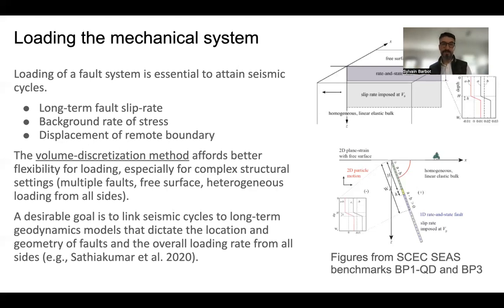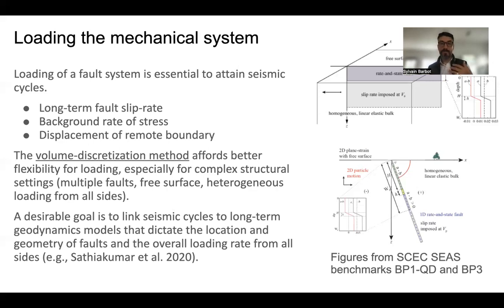So volume discretization methods offer the most flexibility with respect to loading, but it is still possible with the boundary integral method to have complex loading if we actually discretize the boundary condition with boundary elements.